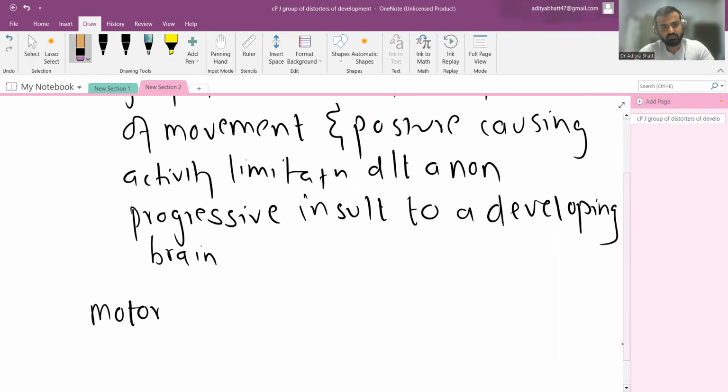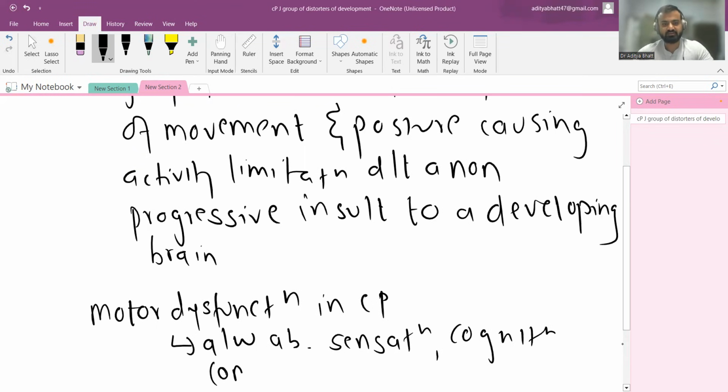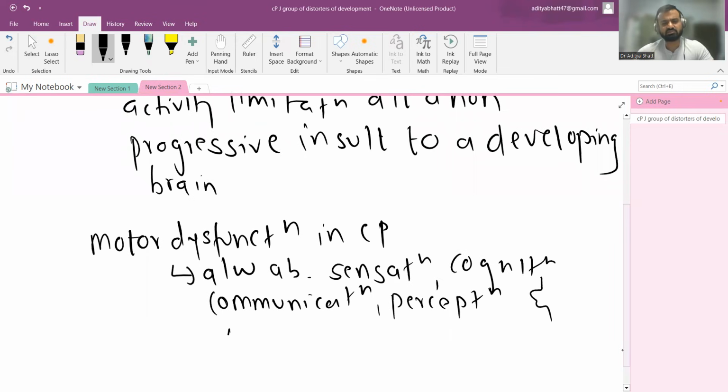The motor dysfunction in CP is associated with abnormalities of sensation, cognition, communication, perception, and behavior, and is also commonly associated with seizure disorders.